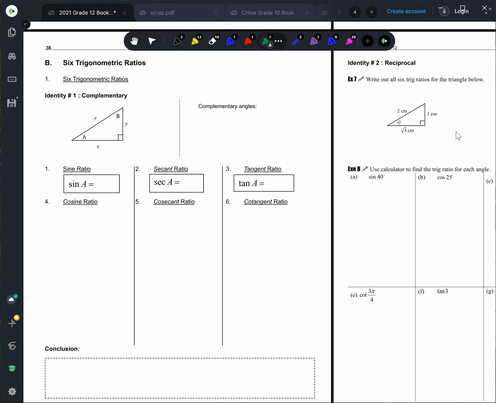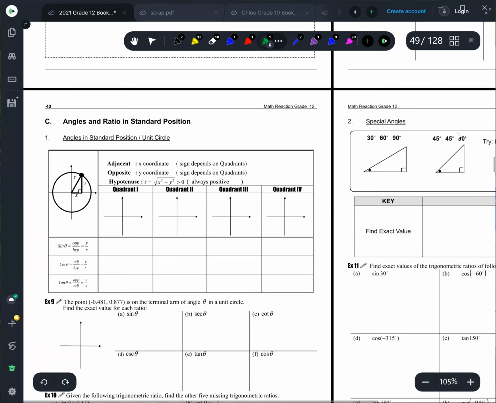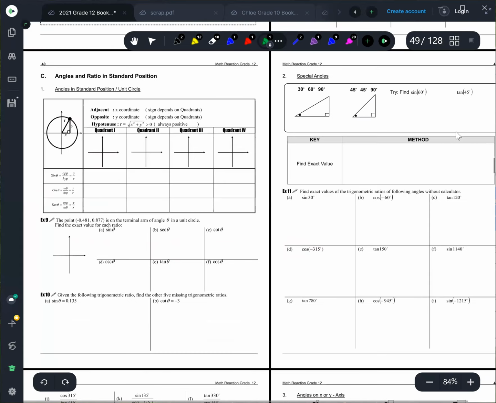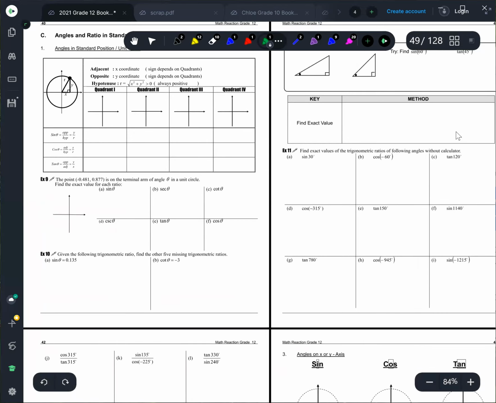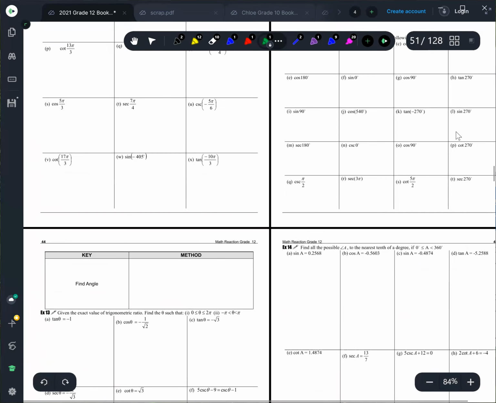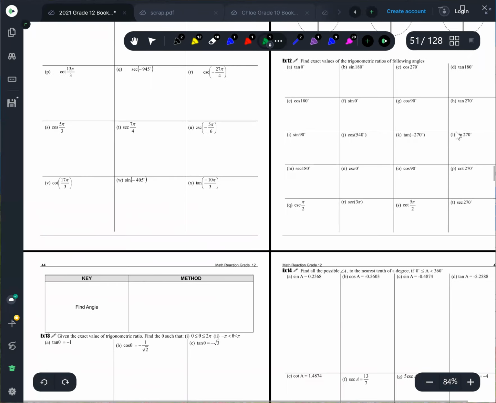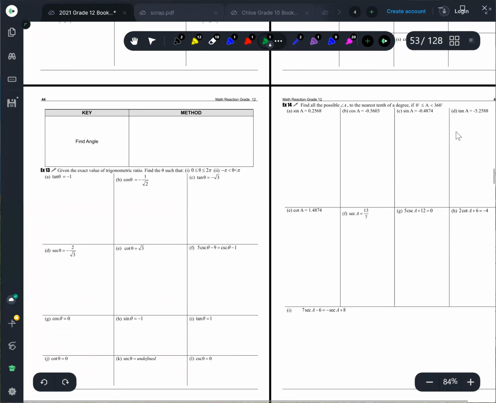So we'll be reviewing that, and then we'll be adding, other than SOHCAHTOA, 3 more. And then after that, we have something that you learned in grade 11, finding exact values, finding the angles. So most of it will be a review in the first part.